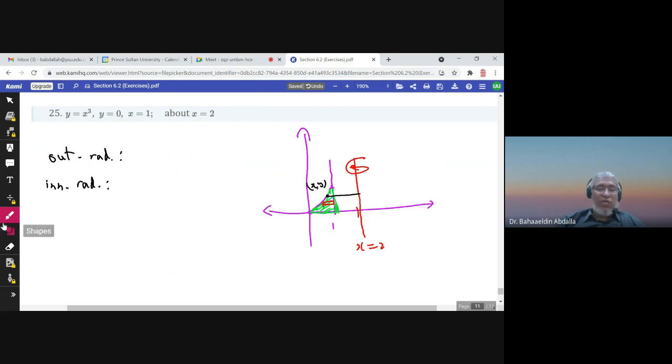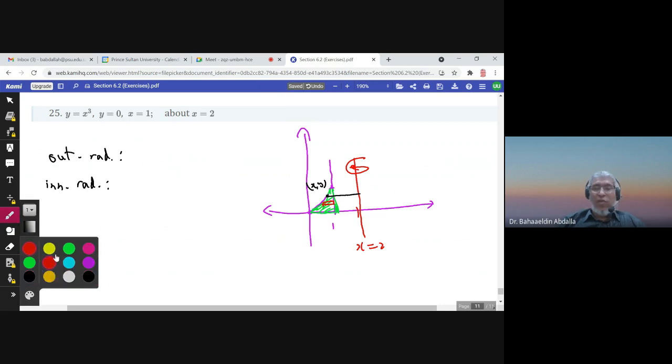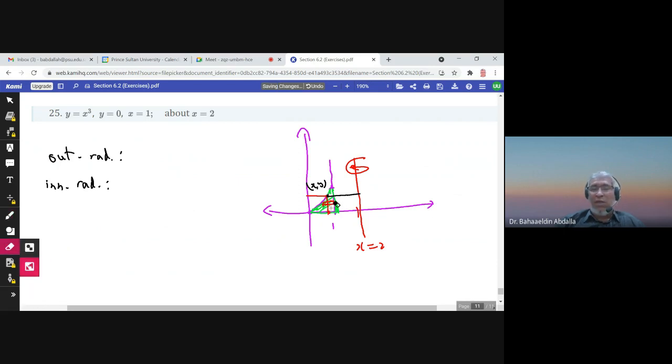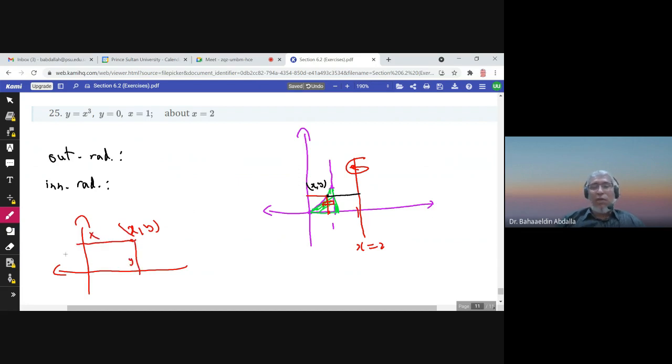But what is x and what is y? This is x and this is y. Everybody knows this fact. If I say that this is the point x, y, then this is x and this is y. It's always like this. So this small line segment is x, and this is y.